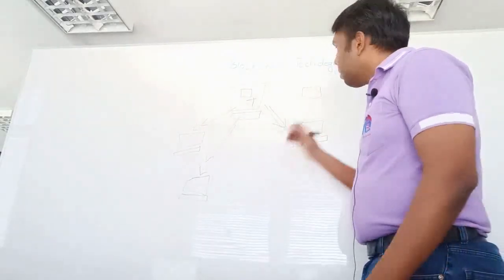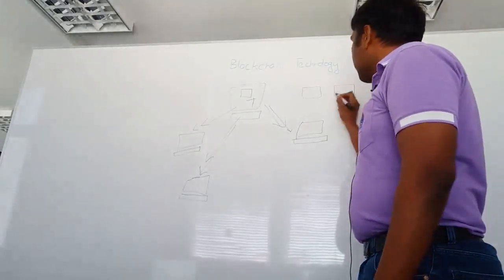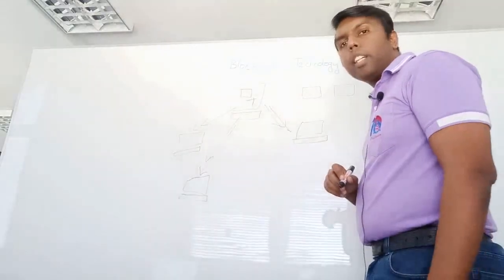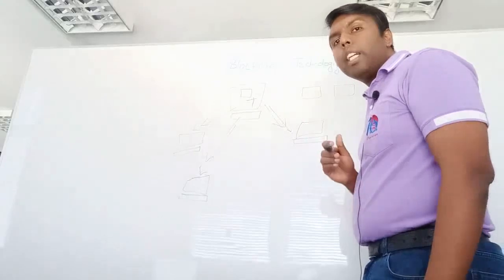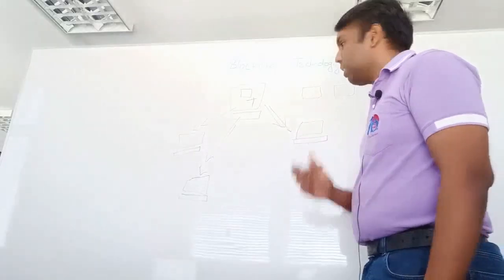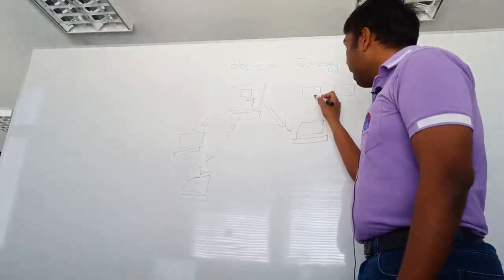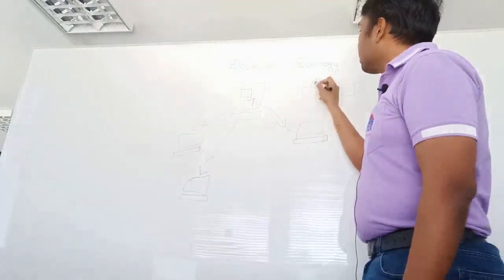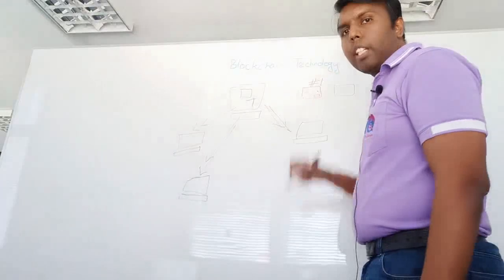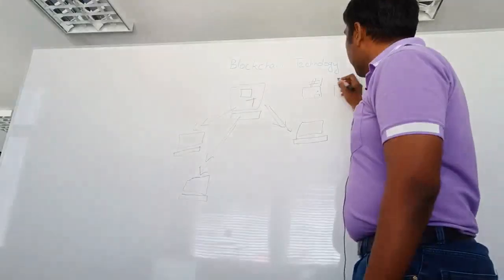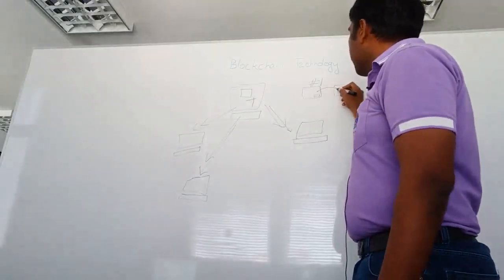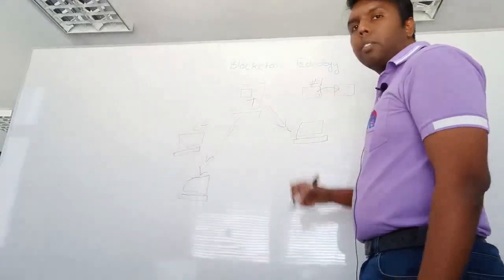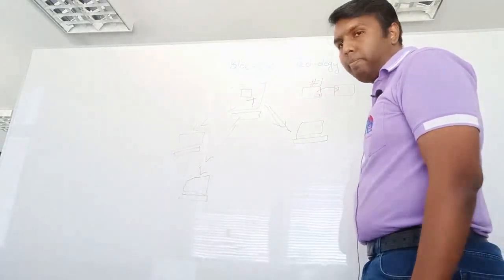Likewise, we have another transaction getting connected. How does it get connected? It follows linked list based connectivity. That is, it will have a hash value for this particular node. For example, I mention it as hash 1, and this hash 1 is stored in the second transaction's block.